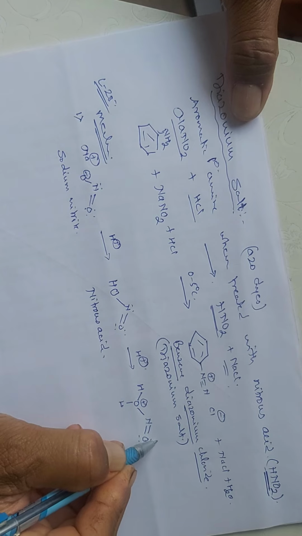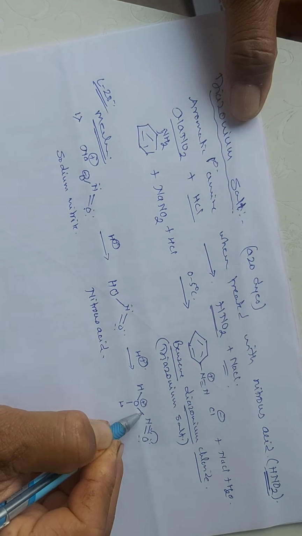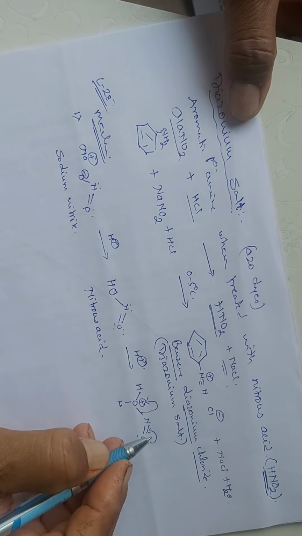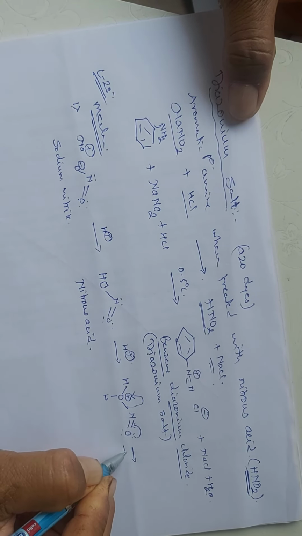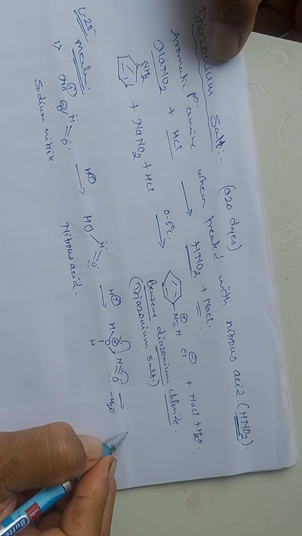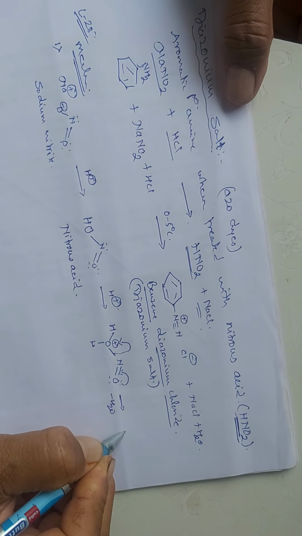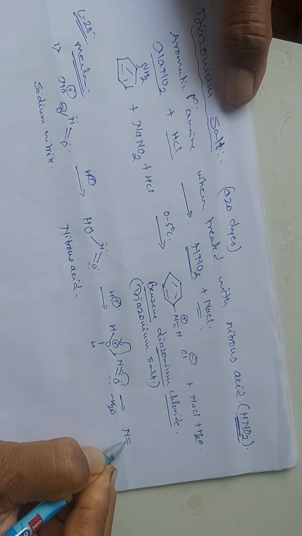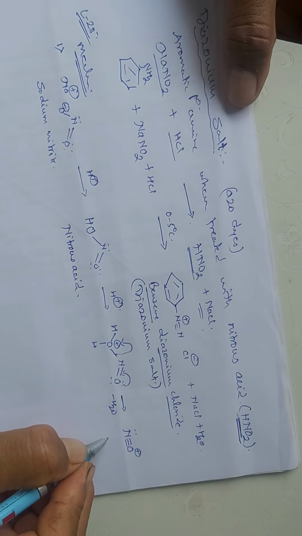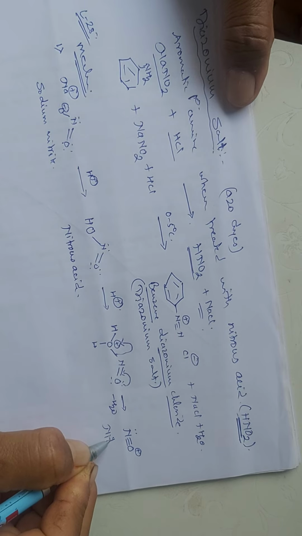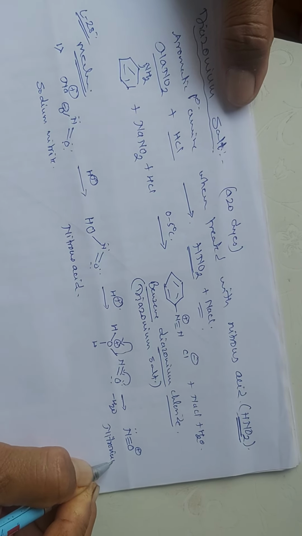And here this gives the electron pair, and this bond breaks and gives out the H2O. So here minus H2O gives you the formation of nitrosonium ion, that is N triple bond O plus, and this is your nitrosonium ion.